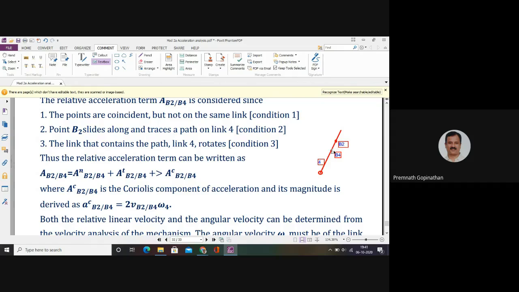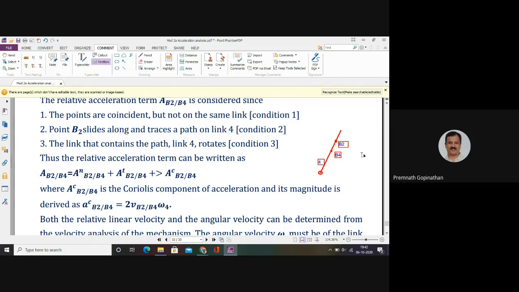If B2 and B4 are at the same point, we consider only the centripetal acceleration and the tangential acceleration at that point. These are the two components we normally consider. Since B2 moves in the next instant, normally we don't try to analyze that particular motion.